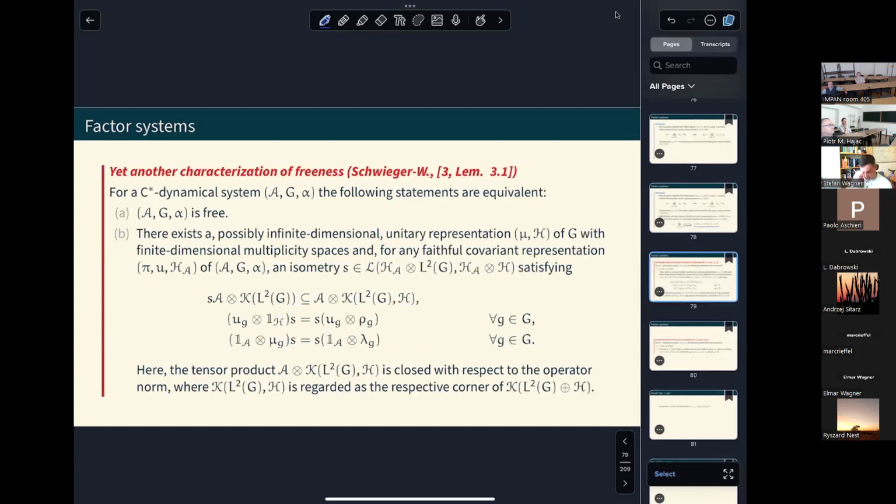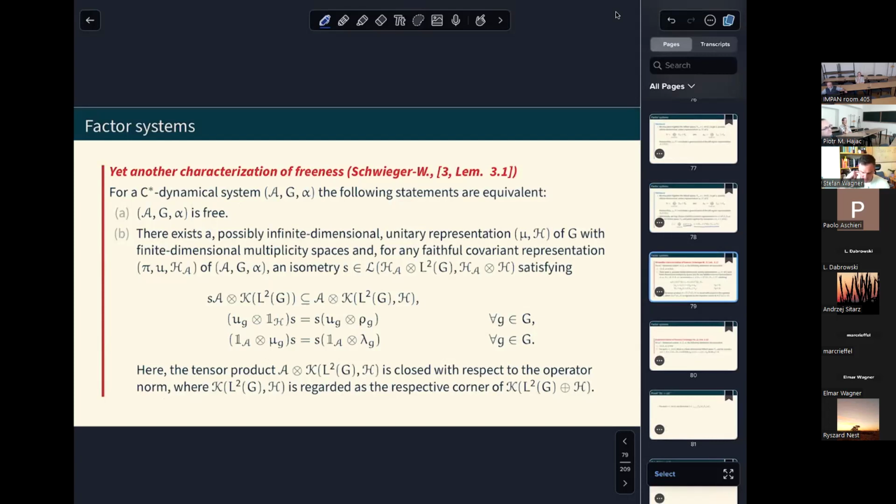Why I'm saying this: this gives you a more global characterization of freeness. The following statements are equivalent. The C-star dynamical system is free, and there exists a possibly infinite dimensional unitary representation mu on H. You saw on the last slide how you get this H and the mu, with finite dimensional multiplicity spaces. Let me just say that this finite multiplicity space is going to be super important later on if I have the time to talk about spectral triples.